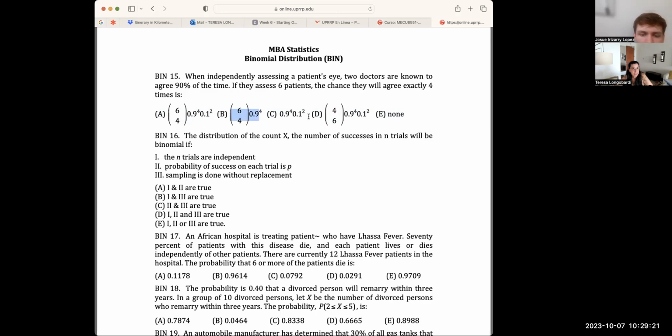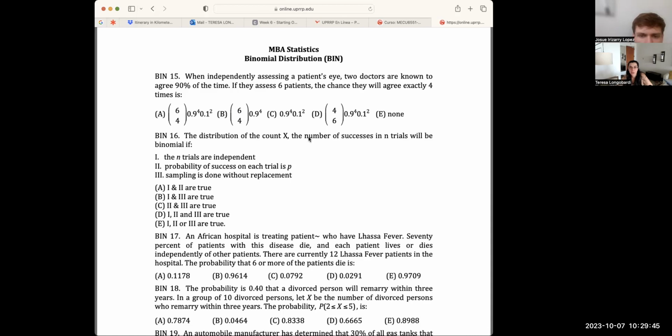C is missing the binomial coefficient. D is upside down. And so the answer is A. Is that good? Good. So you're better with reading this now, what this is? Much better. Yeah, once you get it, it's very easy, but you do need to get it.